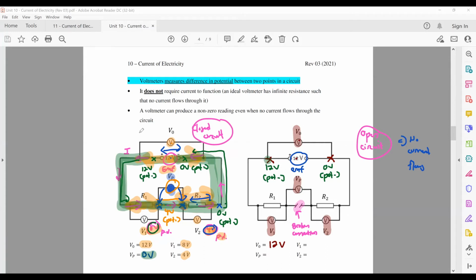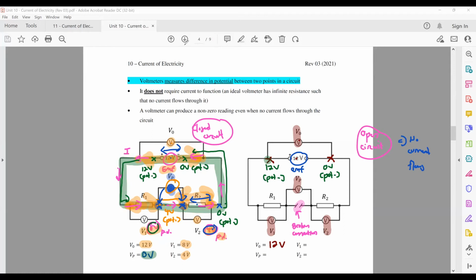Now, when it comes to your circuit having 12 volt potential here, if you look at the previous diagram, I said that your potential of 12 volts was only constant up to the point before your resistor. It's after the resistor that your potential starts to change because you lost electrical energy.